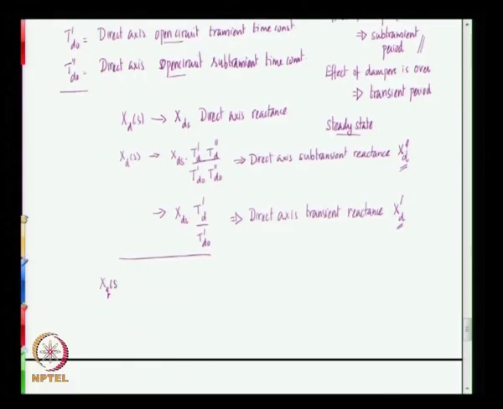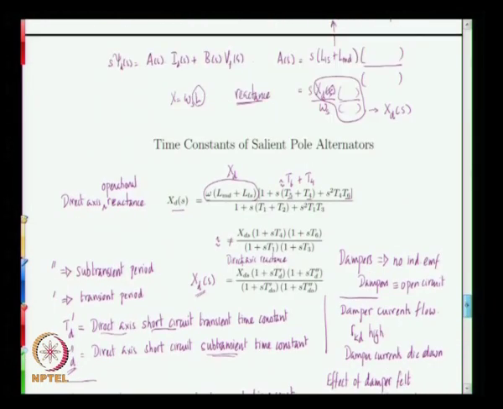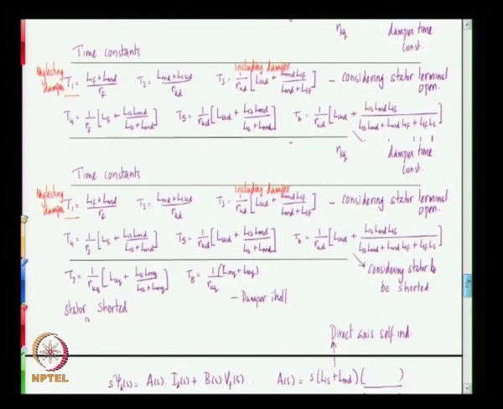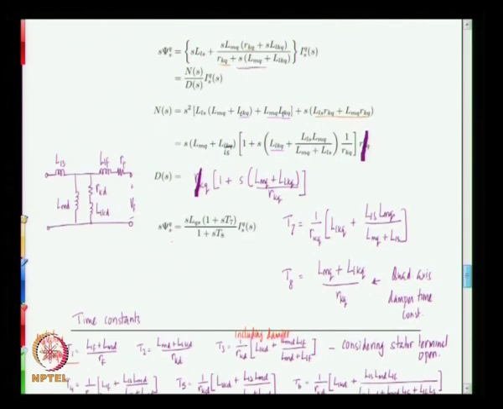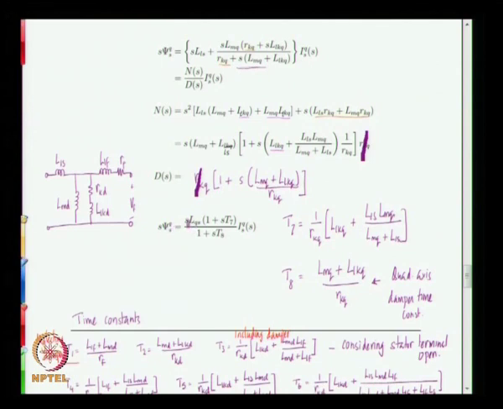Now in the same manner we may look at the expression for xq of s. Now remember that xq, if we had this expression here, where s times psi q of s is written as s into Lq multiplied by these terms, one may, instead of having Lq of s, Lqs, one may write this as xqs divided by omega.